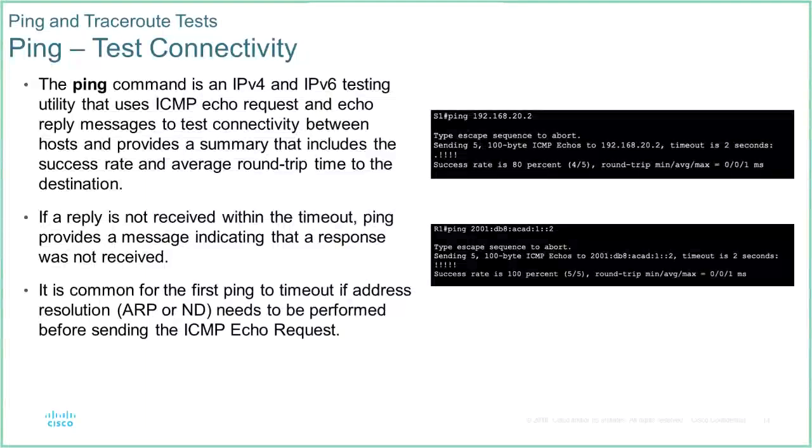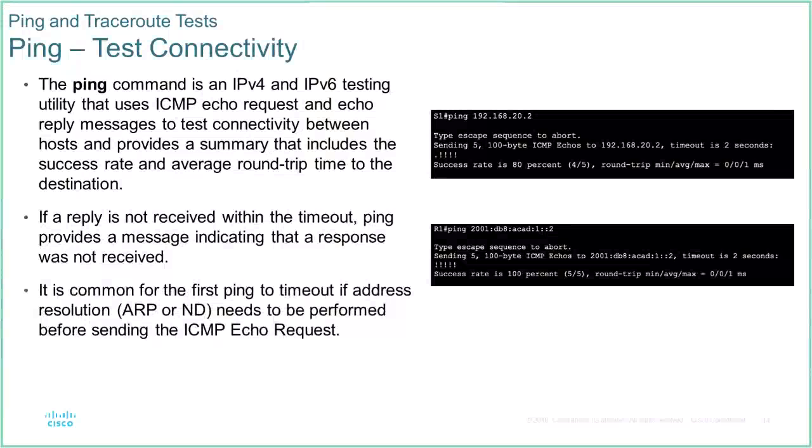Now, depending on your operating system, it will determine how many of these it sends. In a Windows environment, the default is 5 echoes for every ping command. You can change that by using an extended ping, so you can specify how many pings you want to send or whether you want it continuous.